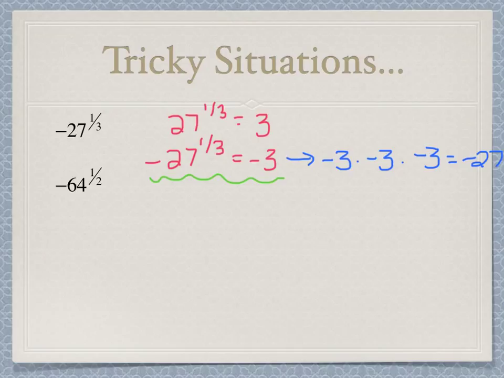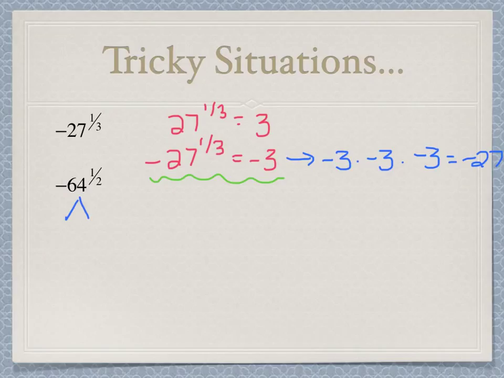Okay, so let's see if that rule always works. Let's take negative 64 to the 1/2. And this one I'm going to do really without a factor tree, mostly because we haven't talked about these kind with a factor tree yet. But when I say 64 to the power of 1/2, what I'm really saying is take 64 and break it into 2 equal pieces. Now, you're going to call me out on this right here because I'm not going to do a complete factor tree.